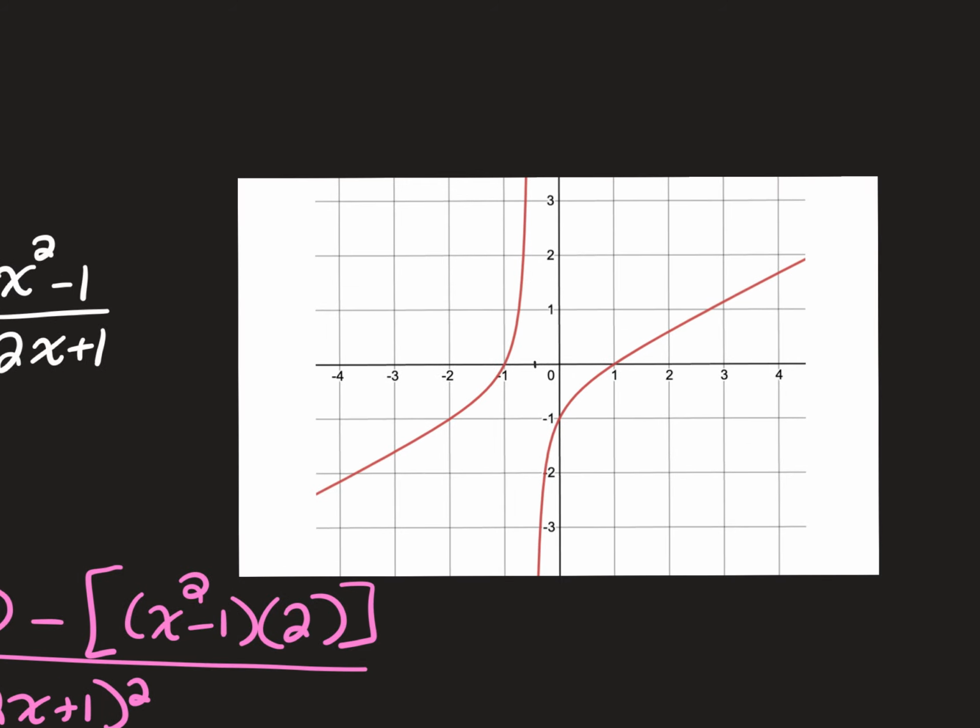Everything from here to the left is concave up, but everything from here to the right is concave down. And it just so happens that that's where our asymptote is. So this part of my graph is concave up, and this part is concave down, which sort of makes sense.